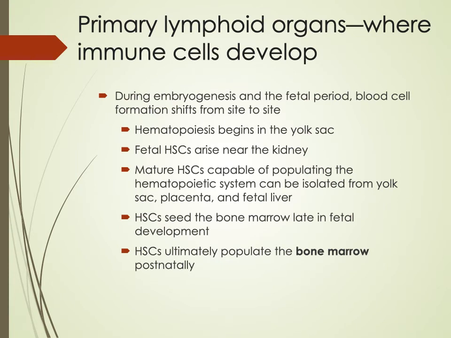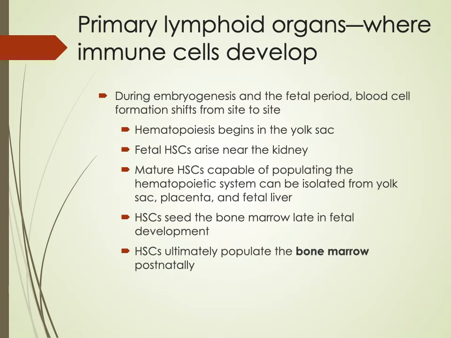So for the primary lymphoid organs, this is where the immune cells are going to develop. We want to keep in mind that during embryogenesis and fetal development, blood cell formation, both red blood cell and also our leukocytes, our white blood cells, are going to shift sites. It begins in the yolk sac, but then as the fetus develops, it's going to occur in the kidney.